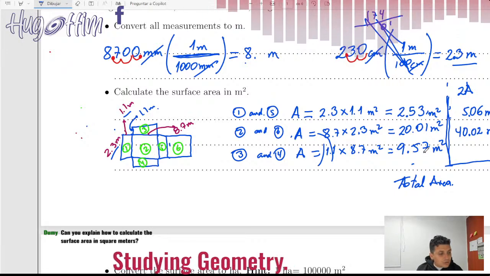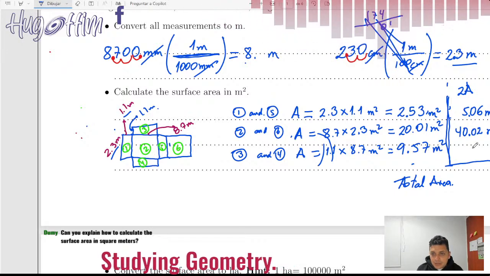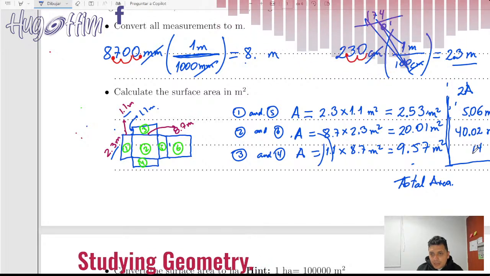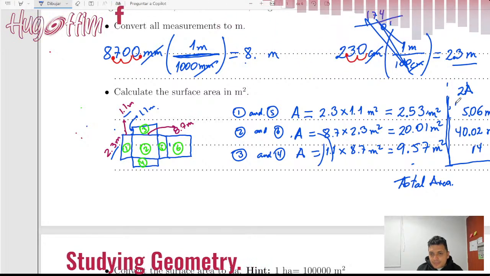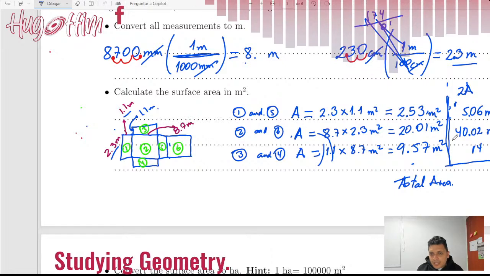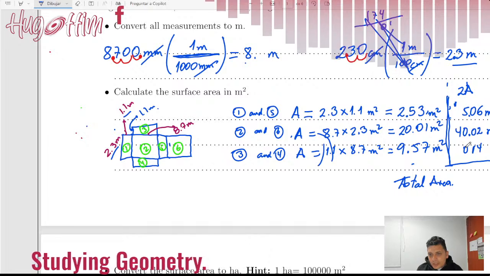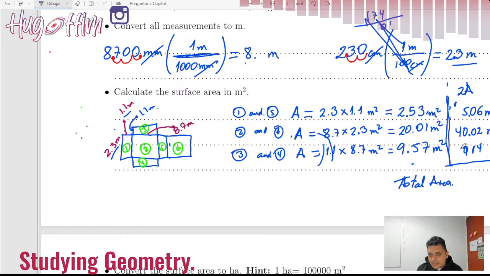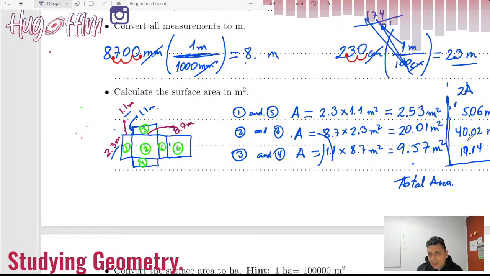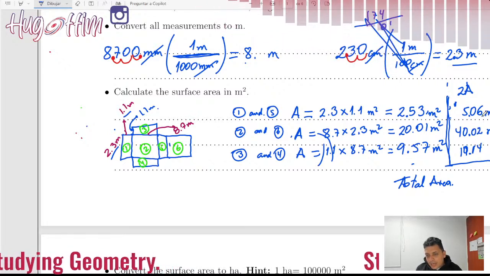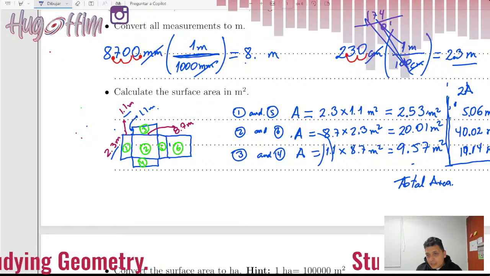And finally, 2 times 7 is 14, 2 times 5, 10, and 1, 11, 2 times 9, 18, and 1, 19.